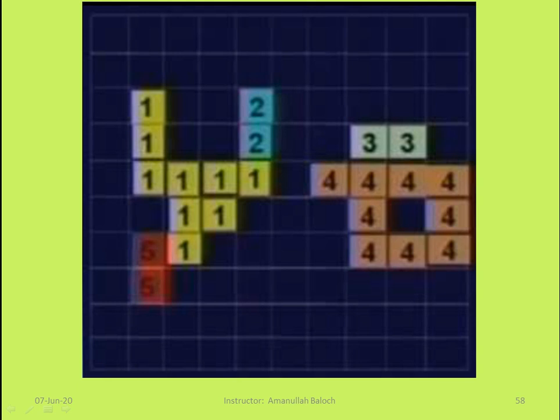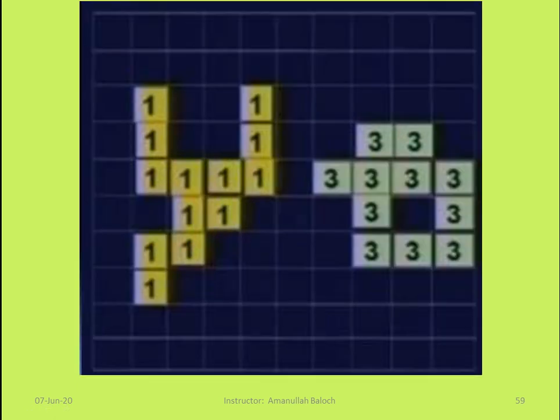All the 4s will be considered as the connected component of 3, because this 4 lies at the 4 neighbor of 3, and this will lie at the 4 neighbor. We have already considered them. So this is one connected component, and this is the second connected component, with labels 1 and 3 respectively.